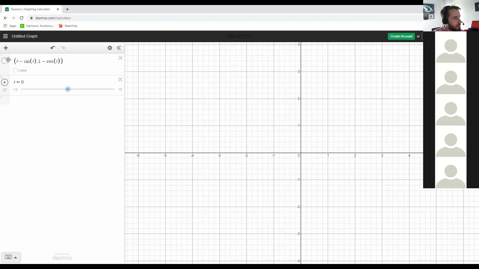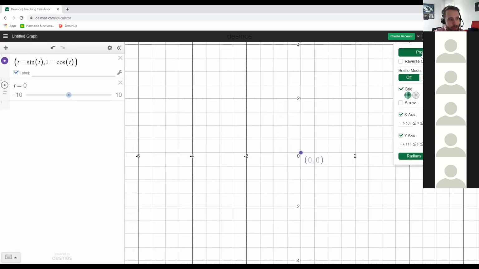Let's make the dot purple to align with our picture from before. Can I make it bigger? Label. Okay. We'll have that label there, and we'll throw on projector mode. That makes it nice and bold for you.